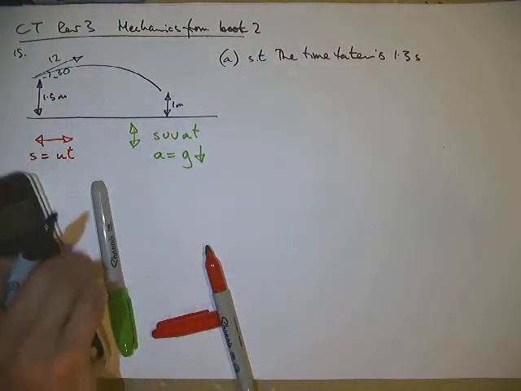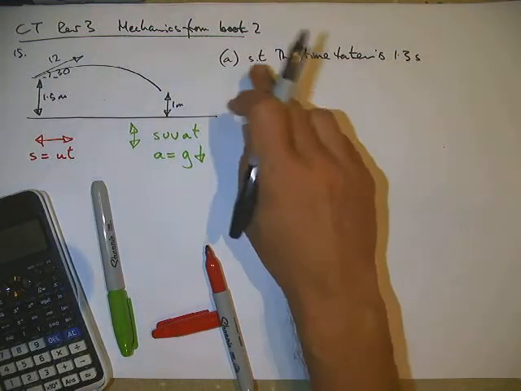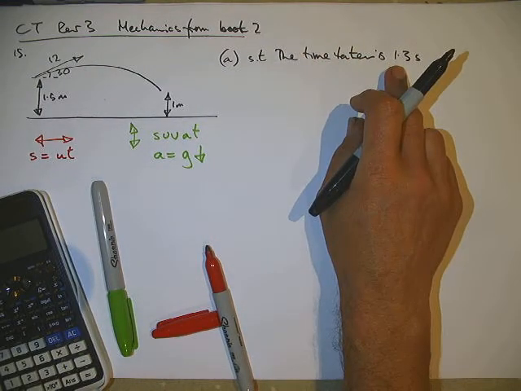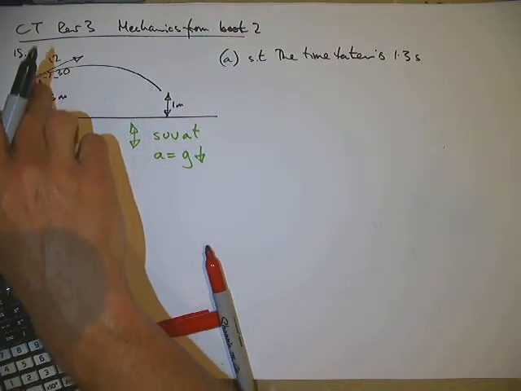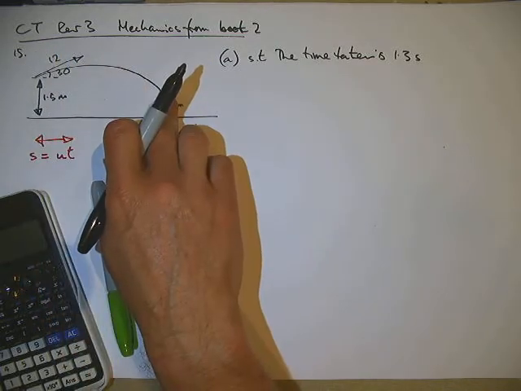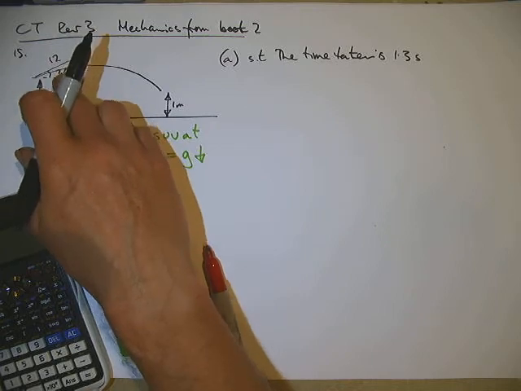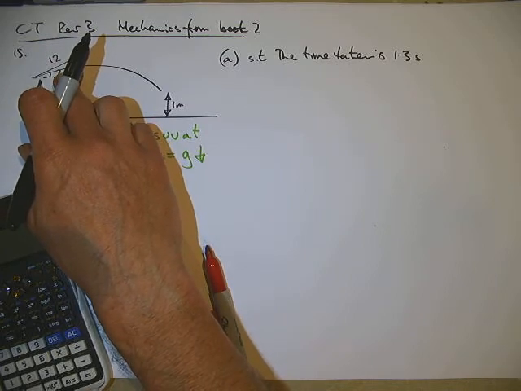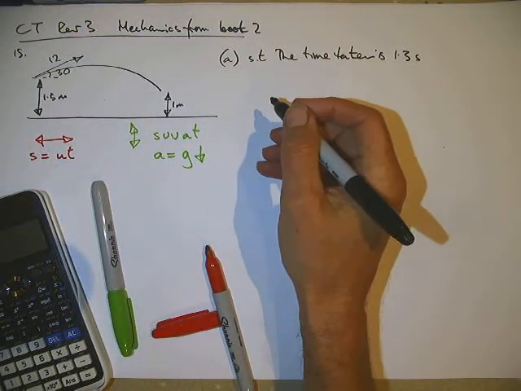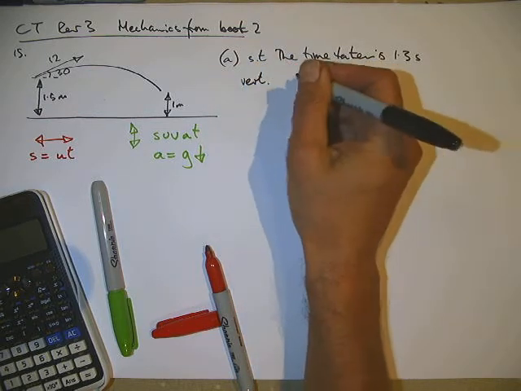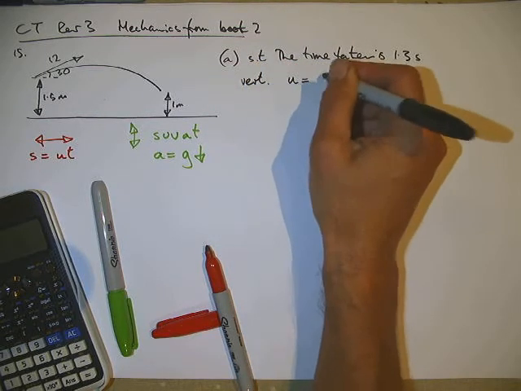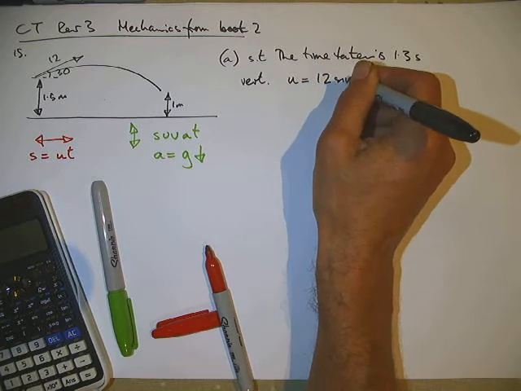So if we're going to treat horizontally and vertically separately, time taken, we don't know anything about that distance, but we do know there's a change in height of ½ meter. We know the speed at the beginning and we know the angle. So vertically, we know that U is 12 sine 30.